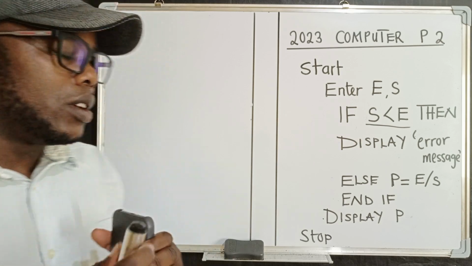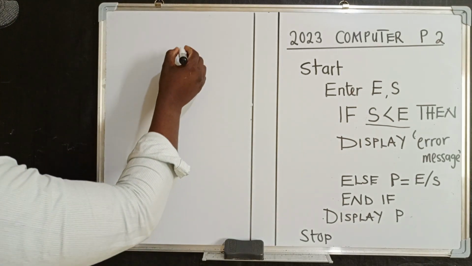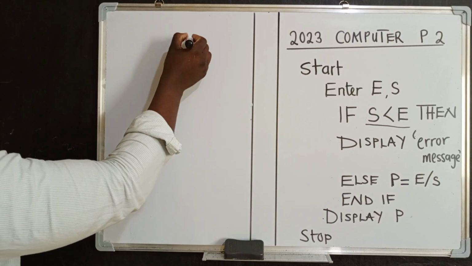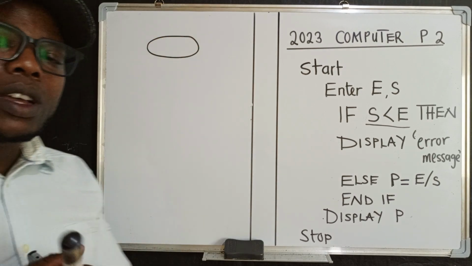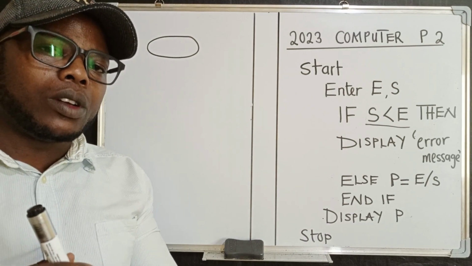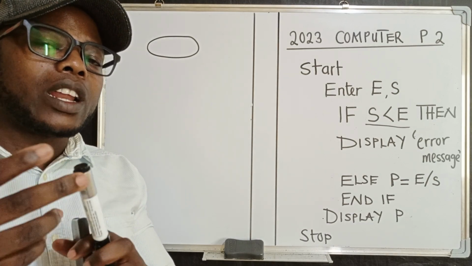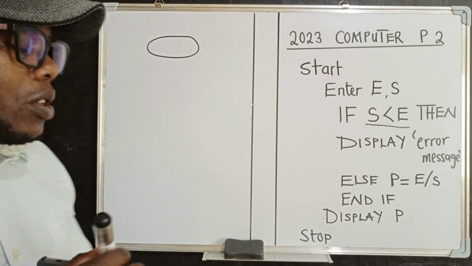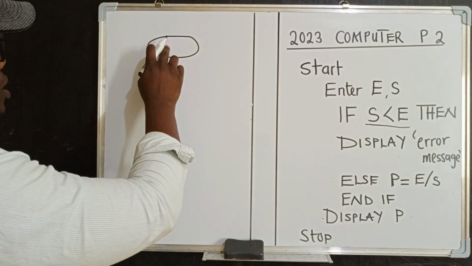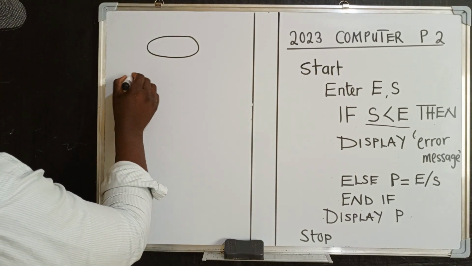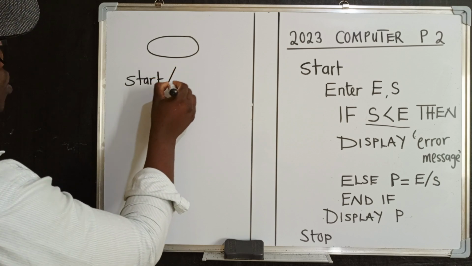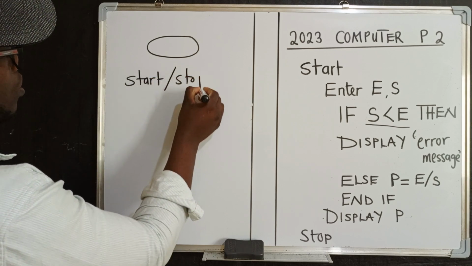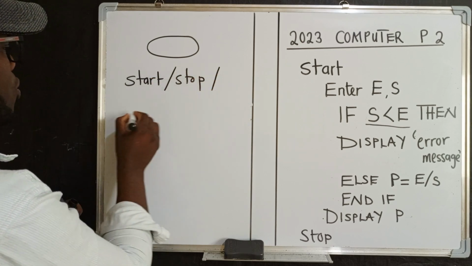shapes. So the four shapes that are involved, there is an oval shape. This is an oval shape. It looks like an egg. You can only use this shape whenever you want to start or stop or begin.